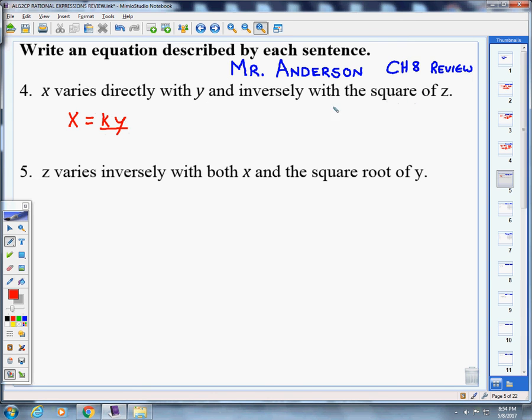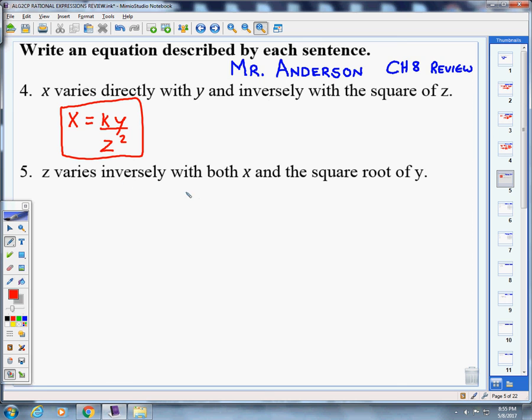And inversely with the square of z. So we got z squared, and that shows the inverse relationship. All right, so this right here, there's the relationship we have. X and y directly related, and x and z squared inversely related. All right, let's take a look at the next one.